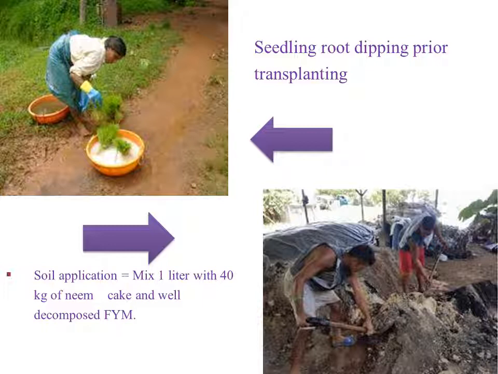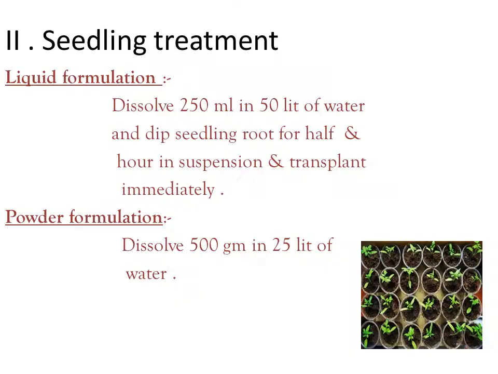We can mix about 1 liter of this formulation with 40 kg of neem cake or any well decomposed FYM or any compost which can facilitate as a carrier to spread all over the land.